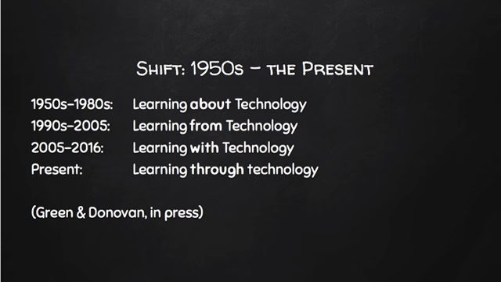You're learning through technology. If you didn't have the technology, you wouldn't be able to take this master's program because it's all online. So technology now is allowing us to learn anywhere, anytime, and that's what we have shifted. We believe we're shifting to a different phase, which is learning through technology.